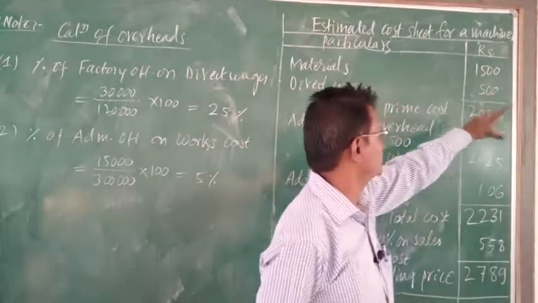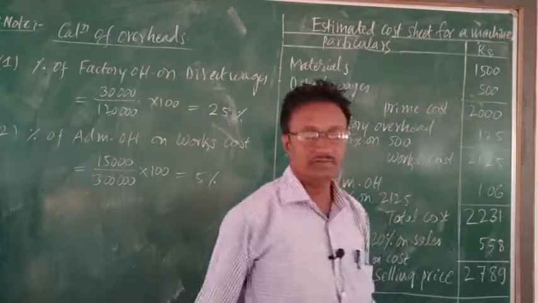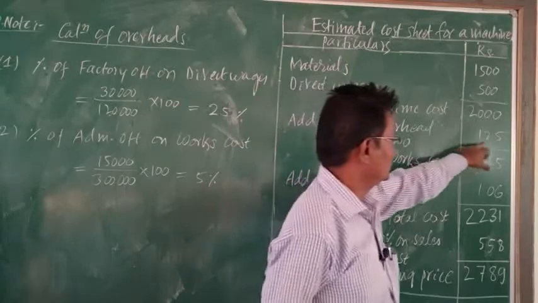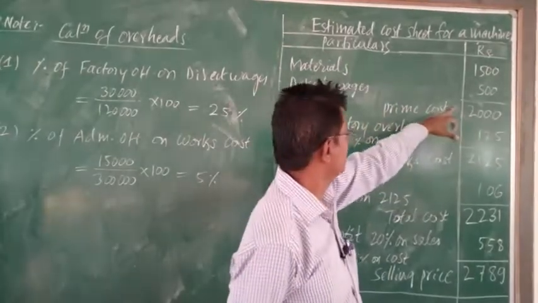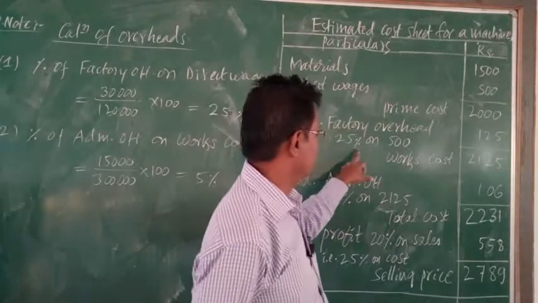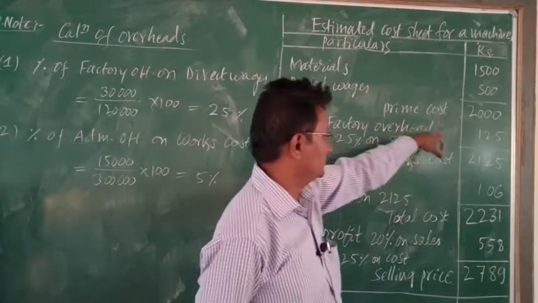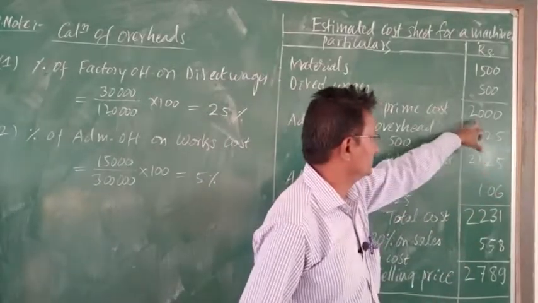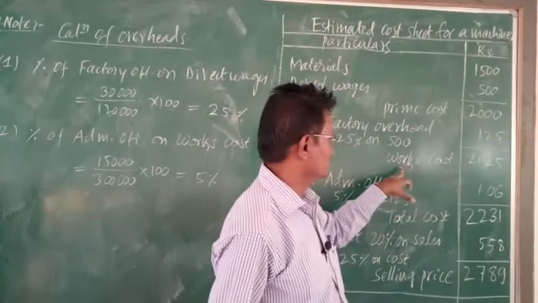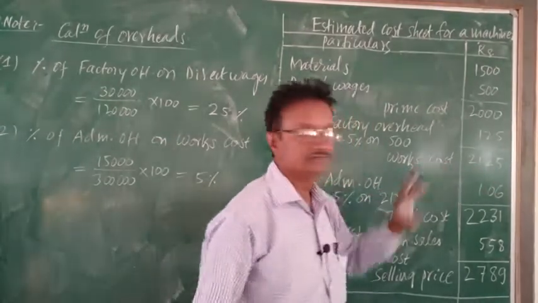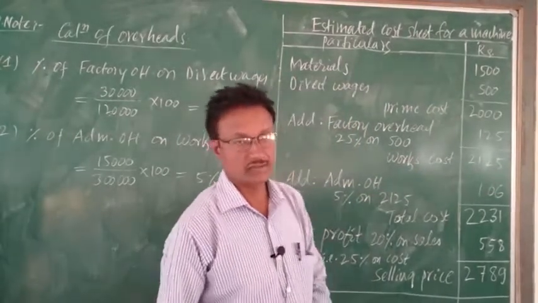So for estimation of overhead for this particular machine, the factory overhead is only 125 rupees, because 25% on direct wages of 500 becomes 125. So by adding 125 to the prime cost, the total is 2125. It is the works cost.